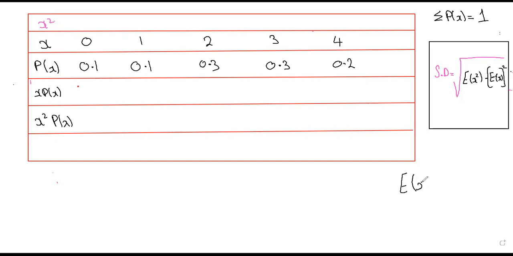If we are interested in finding the expected value of x, we need to find the sum of x into the probability of x. And when I say expected value of x squared, the only difference would come in x. It would be x squared and then probability of x. All right, so this is going to be the formula.